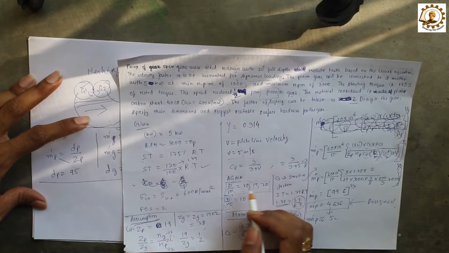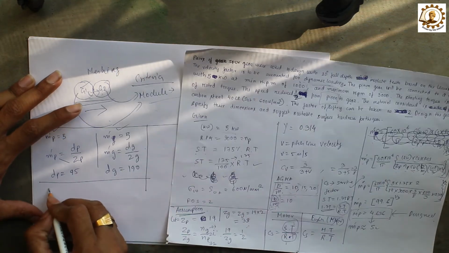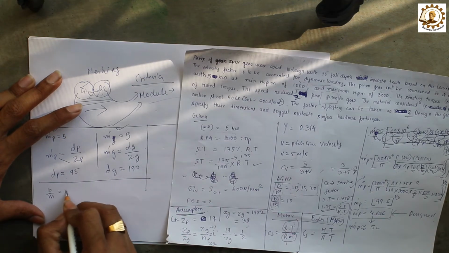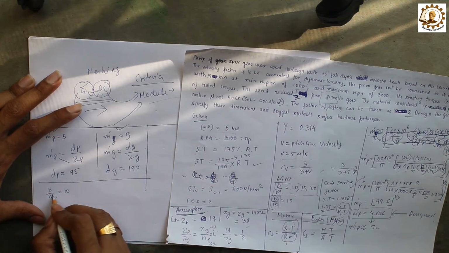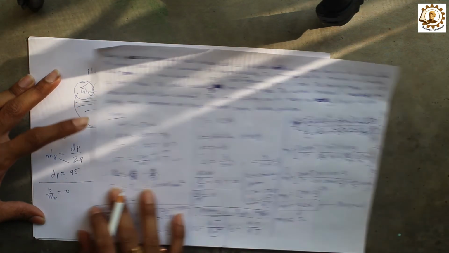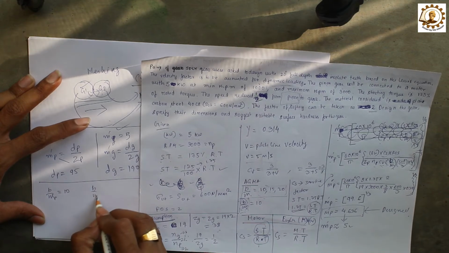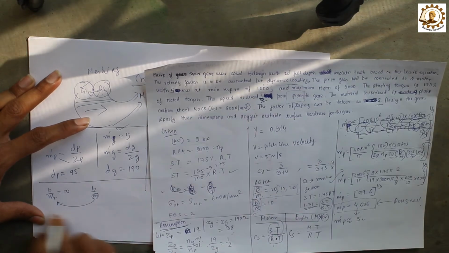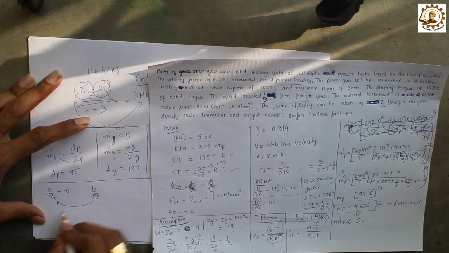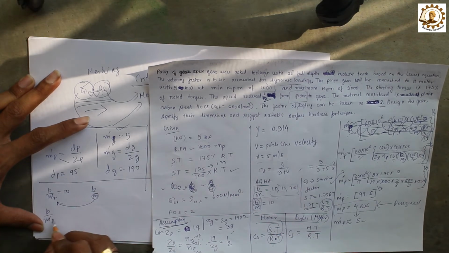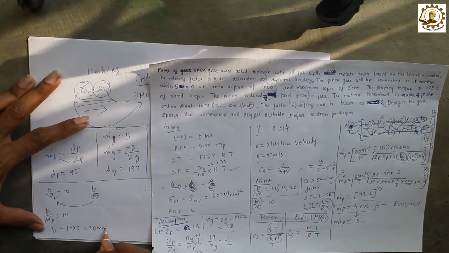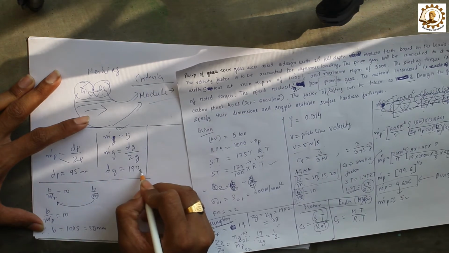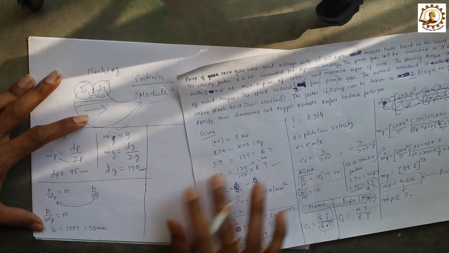I know b by m dash p is equal to 10. Therefore b is equal to 10 into 5, equal to 50 mm, which is also in mm.